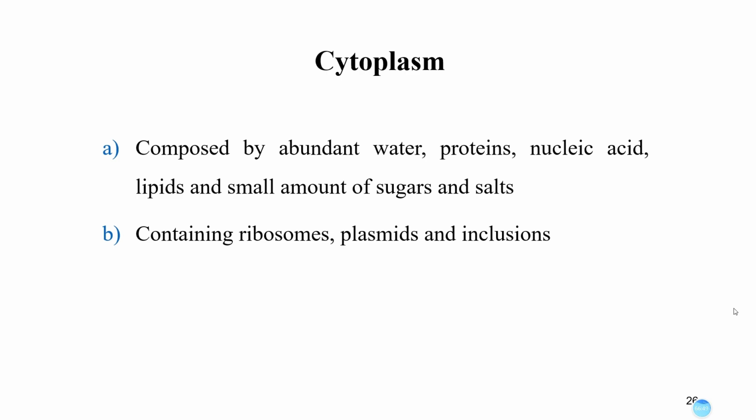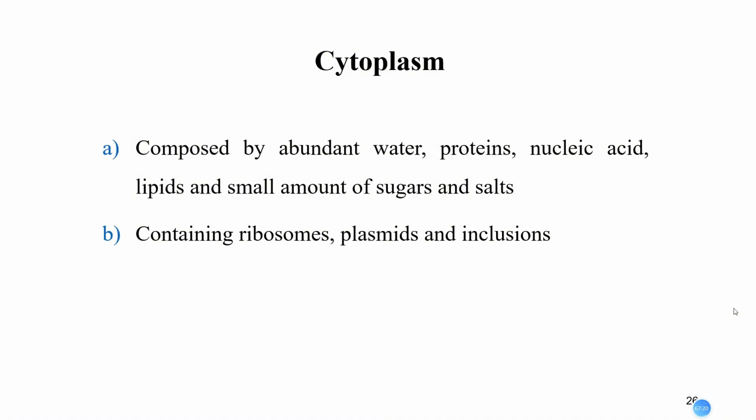The next part is the cytoplasm. Cytoplasm is composed of abundant water inside the cell, and also protein molecules, nucleic acid, and some lipid proteins. It also contains a small amount of sugars and salts, like sodium, potassium, calcium, magnesium salts.